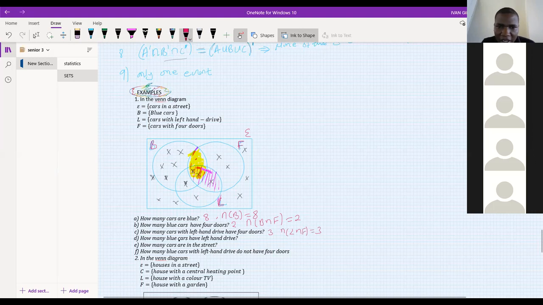Then how many blue cars have left-hand drive? How many blue cars have left-hand drive? George Washington.